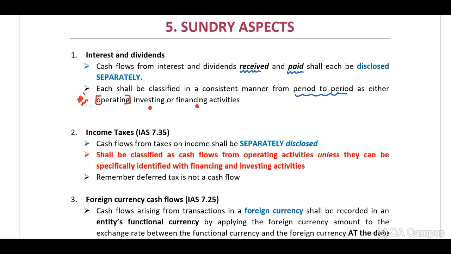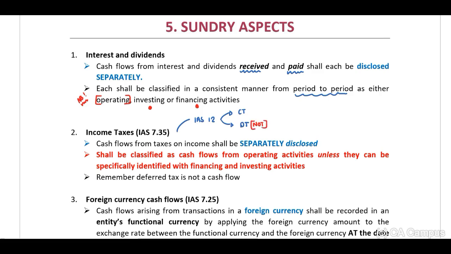Then income taxes. Now, important, when you think about IAS 12, remember IAS 12 indicates to us that our income tax is current tax as well as our deferred tax. But remember, deferred tax is not cash. This will not influence our cash flow.